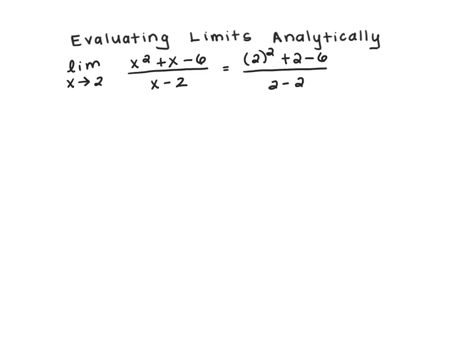And here, 2 squared is 4 plus 2 gives me 6, minus 6 gives me 0, and then 2 minus 2 is 0. So I have the form 0 divided by 0, which tells me there might be something else going on as x approaches 2 of my function. I have to do something else to determine the limit.